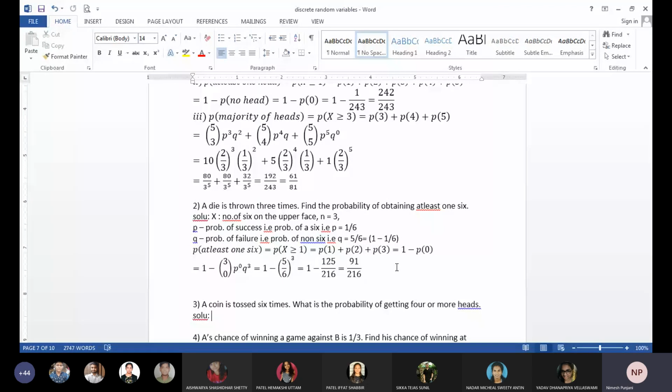A coin is tossed 6 times. So what is the value of n? 6. Is it given कि वो unbiased coin है कि biased coin है? Any information about the coin is given? नहीं, right?